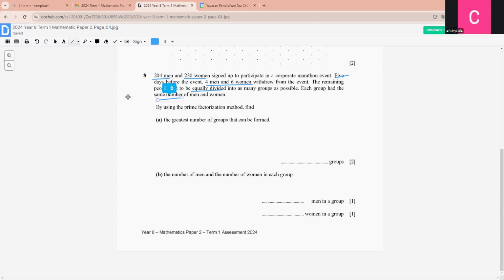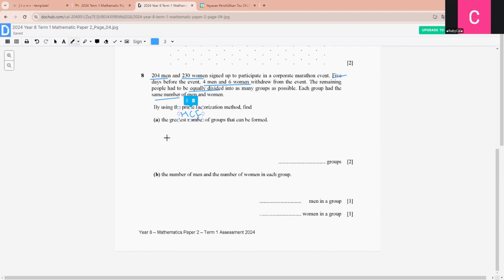So the greatest number of groups basically means the highest common factor. Using prime factorization, you can see that the men, which is 204, is 200 now because they minus 4.